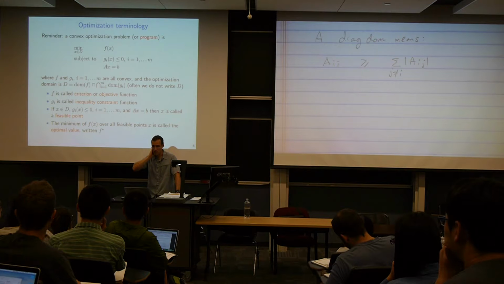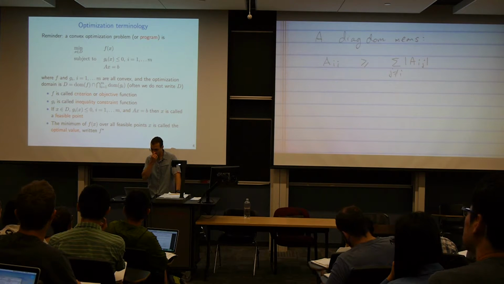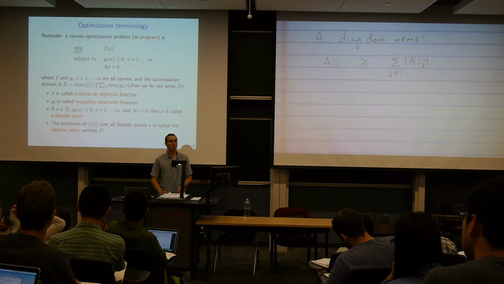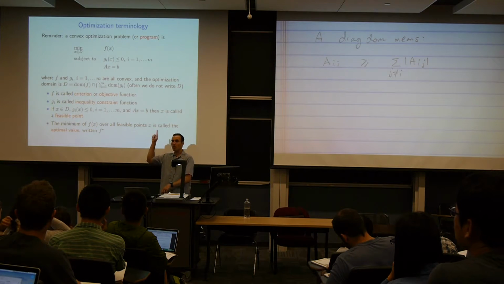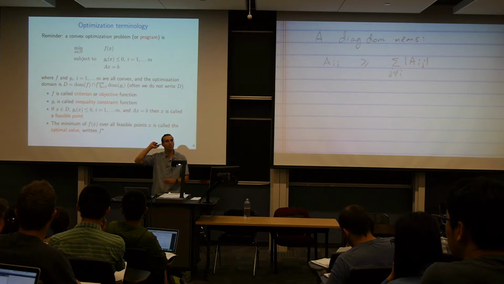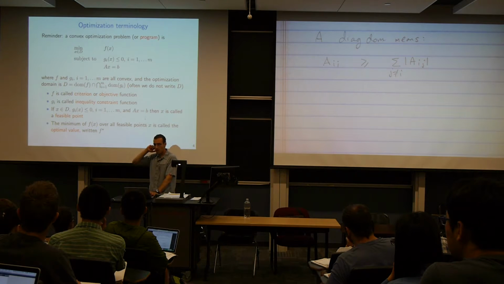And the minimum of f over all the feasible points is called the optimal value of the convex program. That doesn't mean I'm talking about the point that achieves the minimum; I'm talking about the function value at the minimum. It's called the optimal value of the problem, or sometimes we even call this a convex program. We usually write it as f star.